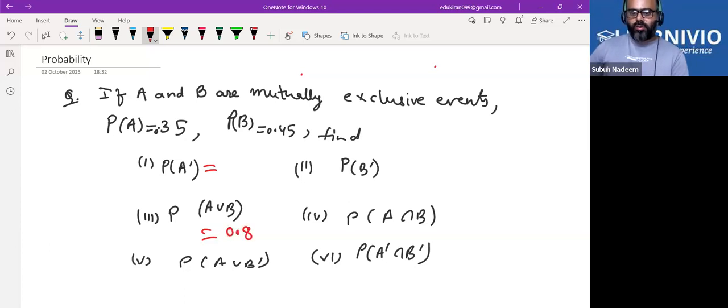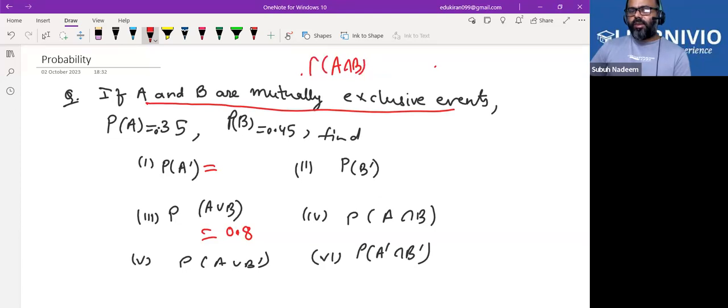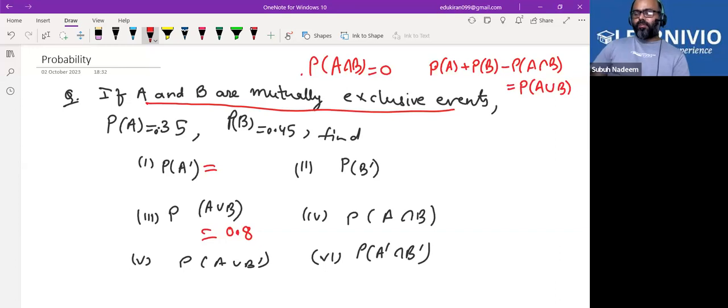We use P of A plus P of B minus P of A intersection B for P of A union B, but since these are mutually exclusive events, A intersection B probability will be 0.